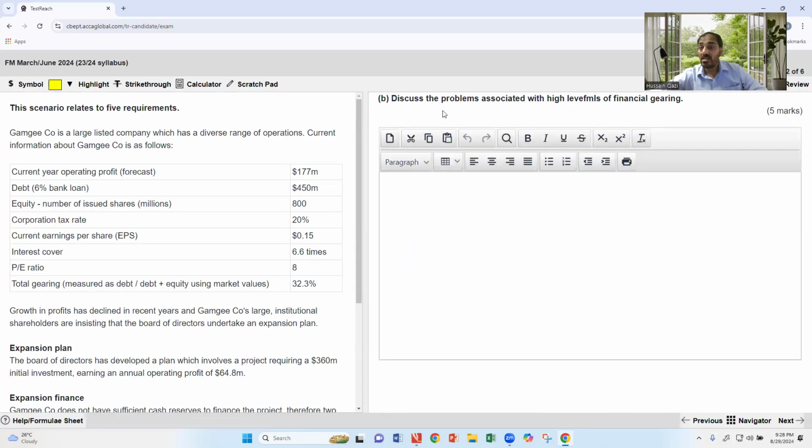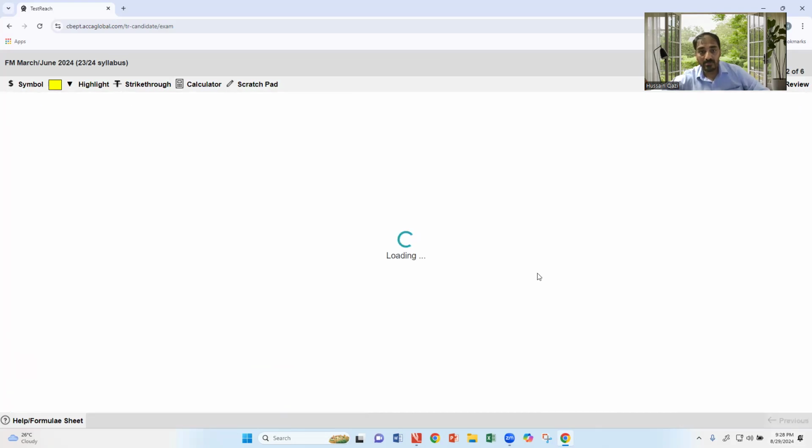Something more. Discuss the problems associated with high levels of financial gearing. There is a typo here, no worries. Problems associated with high levels of financial gearing. That's theoretical, 5 marks. More.